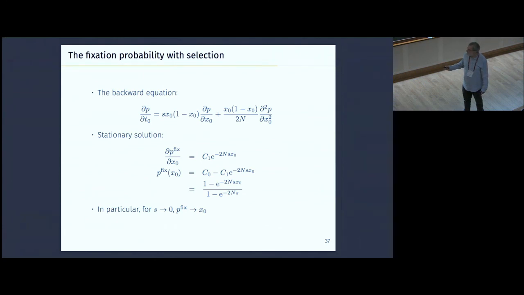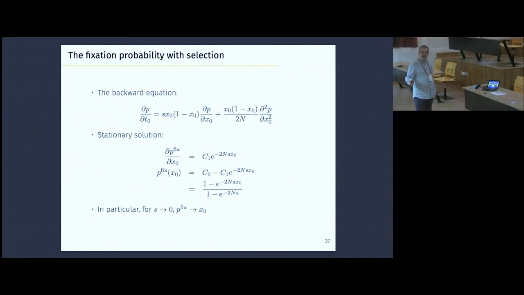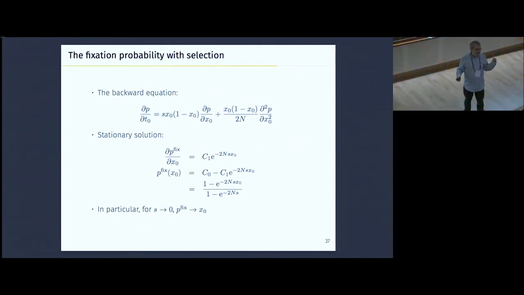If N is very large, you can neglect this term in the denominator. So that means that this probability of fixation becomes independent of the population size, provided the population size is large enough, and depends only on the actual number of variants that you are looking at, and on the selection advantage. And this is a very surprising result.